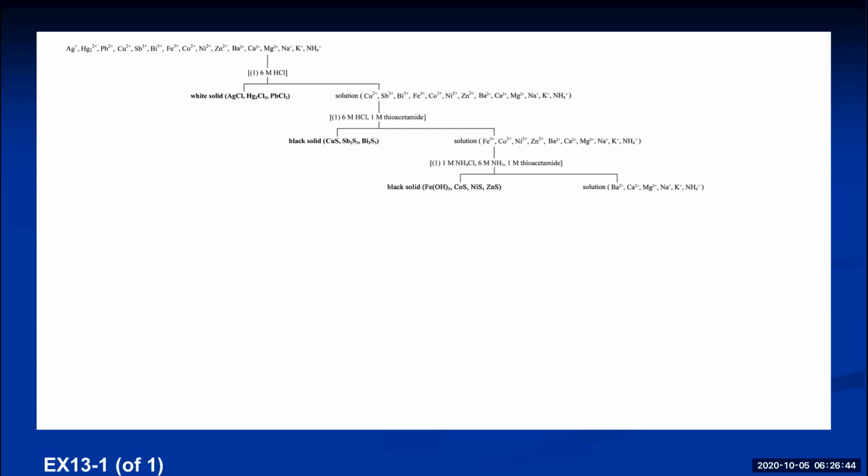Group 1 cations must be separated out first with HCl. Then group 2 cations must be separated out with thioacetamide in an acidic solution, because if you don't, and you go to step 3 and add thioacetamide in a basic solution, your precipitate will be the iron 3, the cobalt 2, the nickel 2, the zinc, and the copper 2, antimony 3, and bismuth 3.